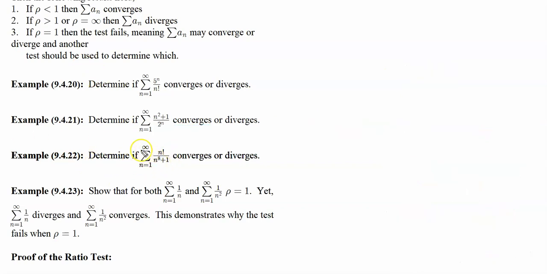Now let's take a look at this one. So here we want to determine if the summation of n factorial over n to the 8th plus 1 converges or diverges. So in this case, these are going to be our a_n's.